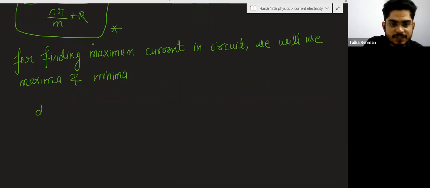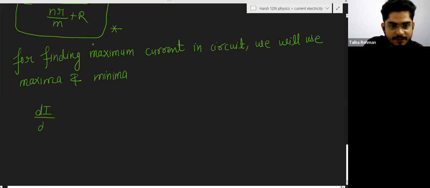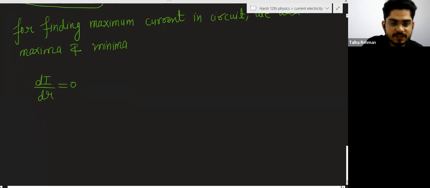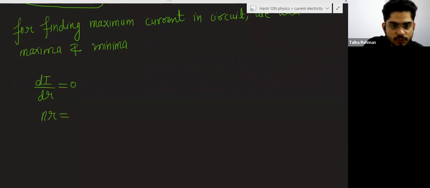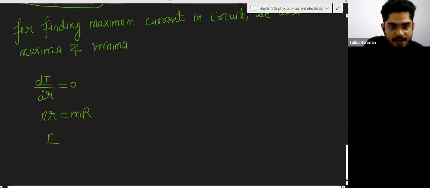When you differentiate dI divided by dR and put that equal to 0, you will get a very interesting result. You will get nr divided by m is equal to R. So what is this?